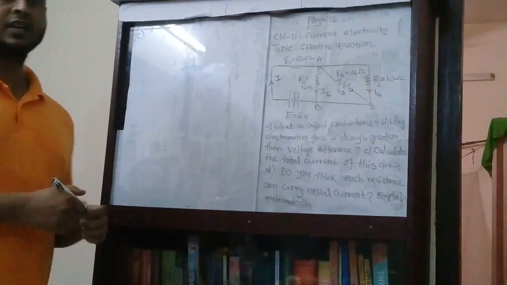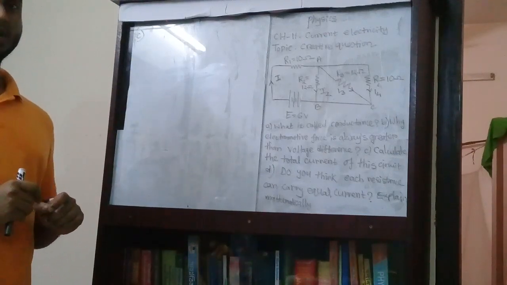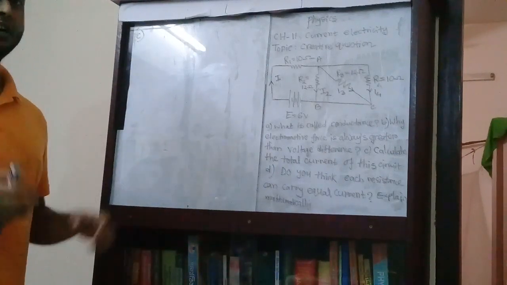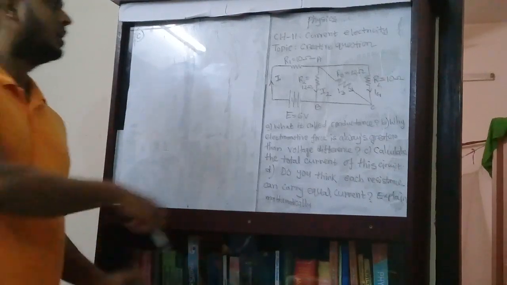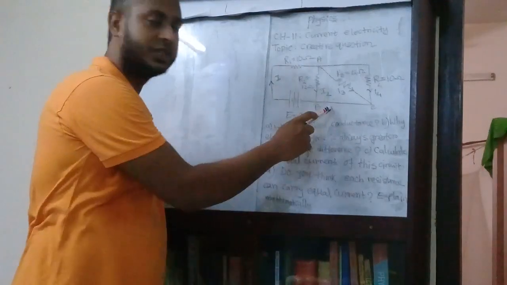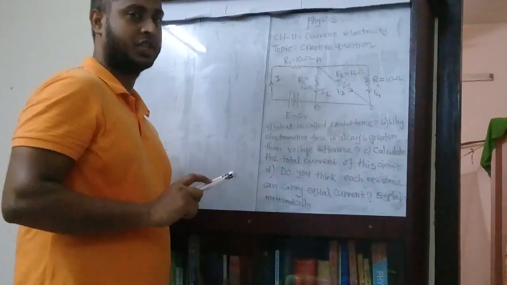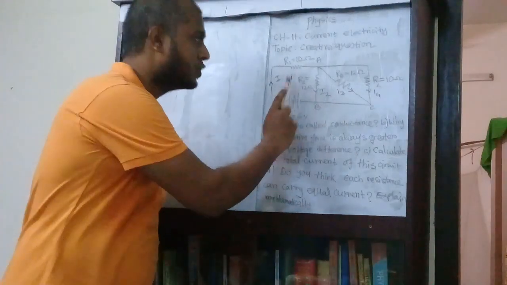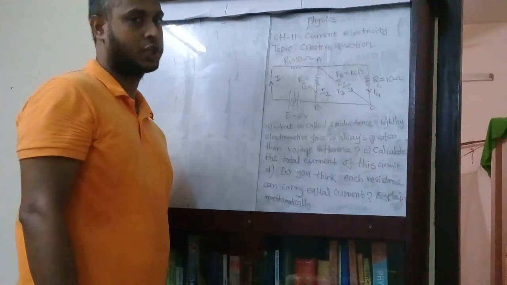Since the current divides into three parts at point A and combines together at point B, this path is called a parallel path, or this connection is called a parallel connection. So R2, R3, R4 are connected here in parallel.